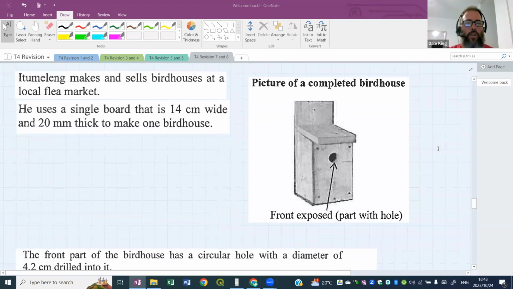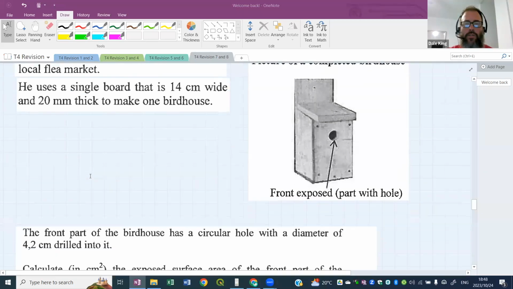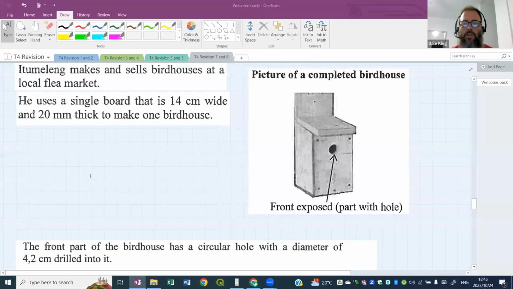Itumeleng makes and sells bird houses at a local flea market. He uses a single board that is 14 centimeters wide and 20 millimeters thick to make one birdhouse. So there is a birdhouse and it's a wooden box, and there is a hole in the front where the bird goes into that wooden box.